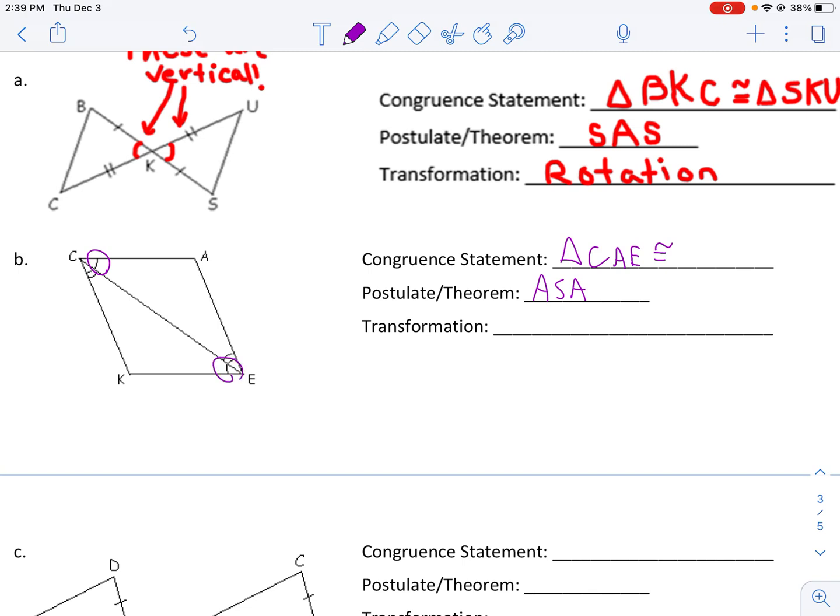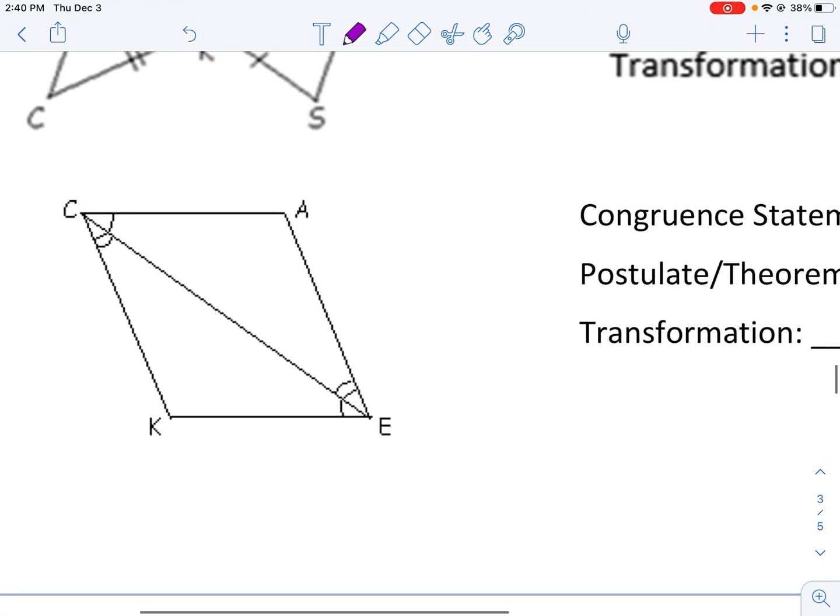So it would be triangle E, and then I went over to A, which is congruent to K. So I'd say EKC. And then the transformation that happens is, since this angle is down here, it's not just a reflection, because a reflection would put this angle into the same spot that this angle is in. So it's got to be a rotation.